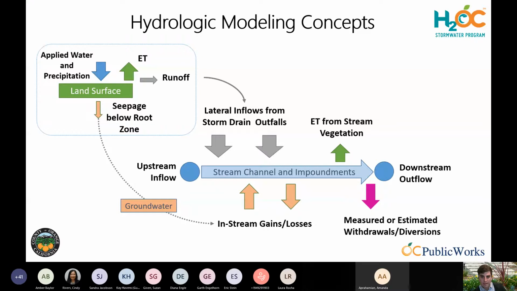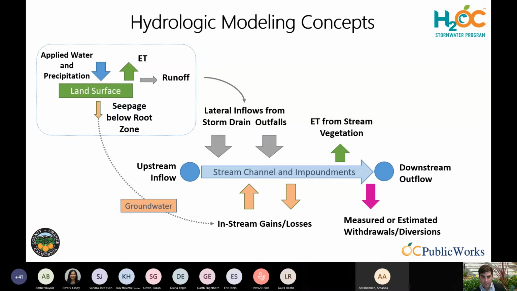So this model is a watershed, a hydrologic model that represents precipitation and applied water on the landscape, turns that into seepage, runoff, evapotranspiration. That runoff can enter the stream through direct inflows or through storm drains. It can also enter the stream through groundwater recession that occurs both right after a storm as well as all the way through the summertime.